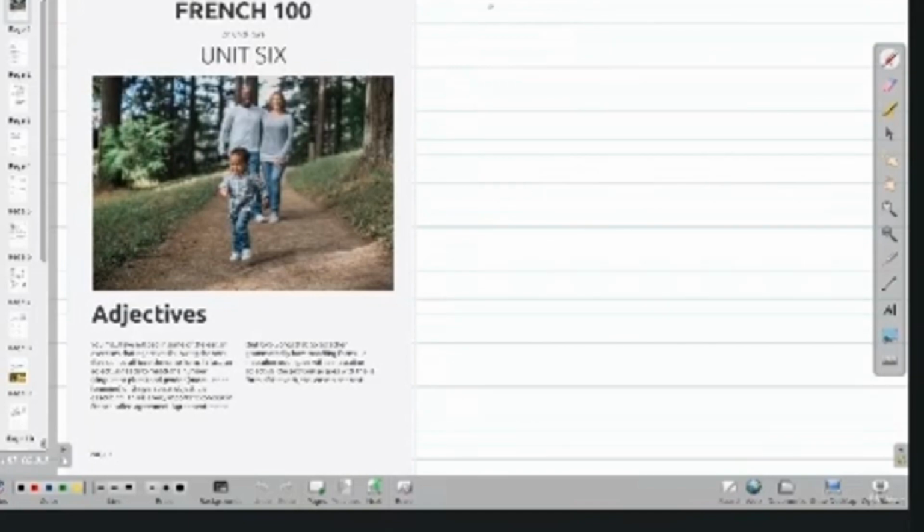One of the verbs that you're going to be using to talk about learning is the verb apprendre. Apprendre, to learn something.